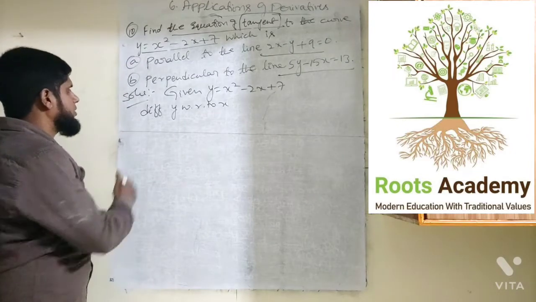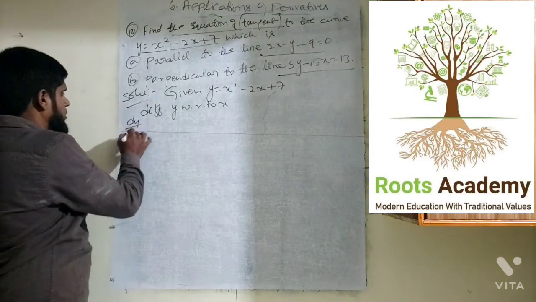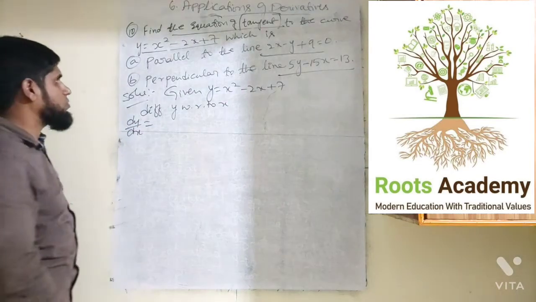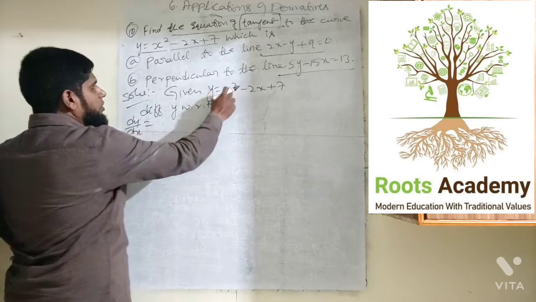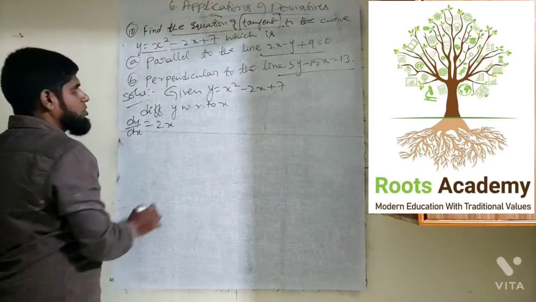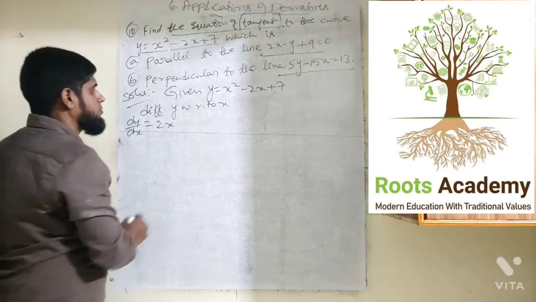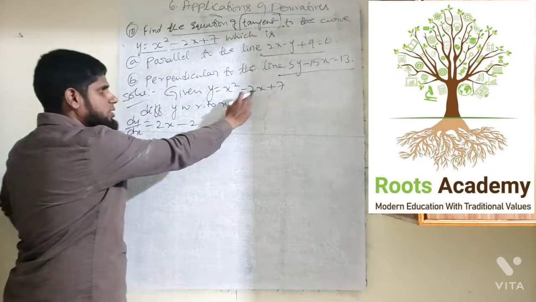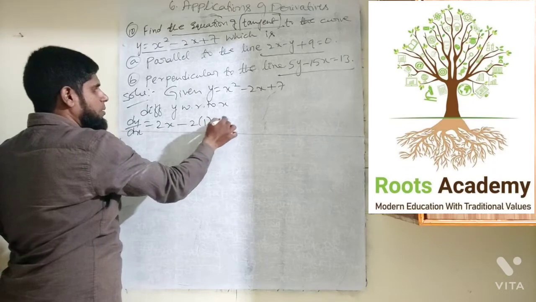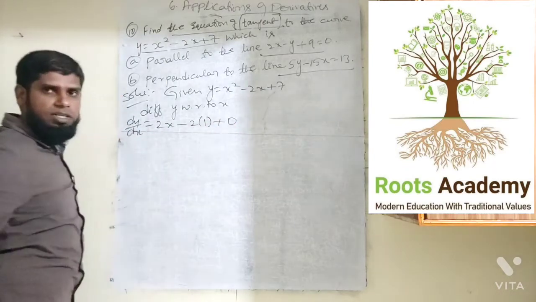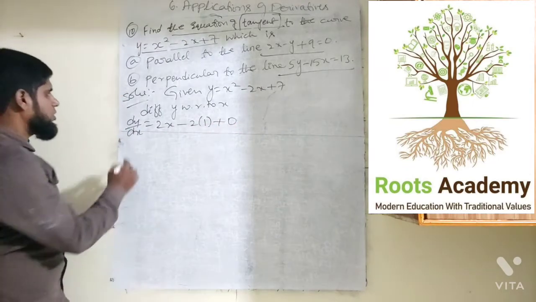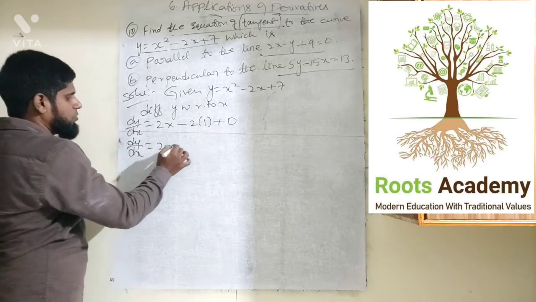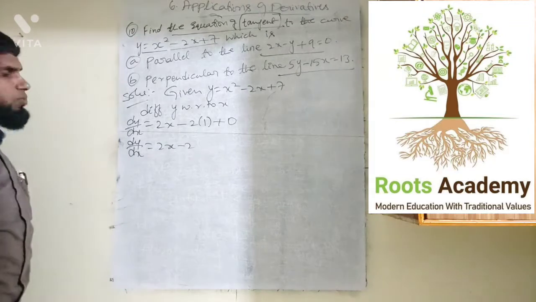What do I get? dy by dx is equal to the derivative of x square, which is 2x, minus 2 as it is, since the derivative of x is 1, plus 0. The derivative of a constant is 0. So our final dy by dx is equal to 2x minus 2.